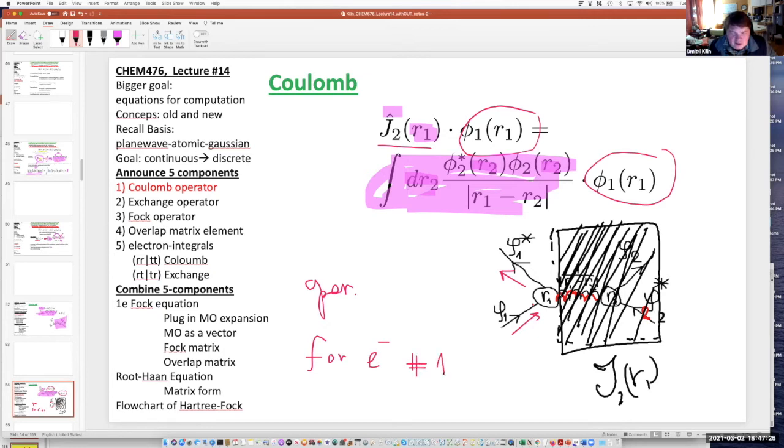It will be a structureless object that reflects electron number 1. This is electron number 1 before interaction. This is electron number 1 after interaction.